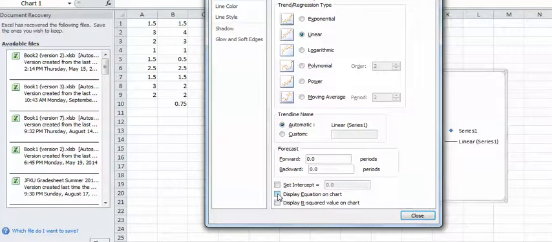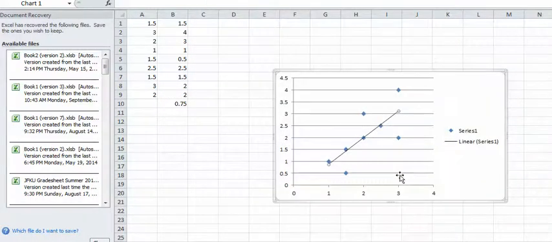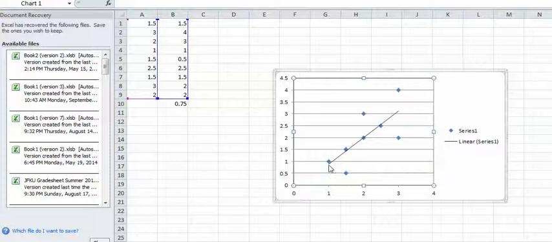Let's just say linear, because we want the straight line, so it comes in like this, and if it kept going down and down like this, it would actually meet the y-axis at negative 0.31, because it has a negative y-intercept.